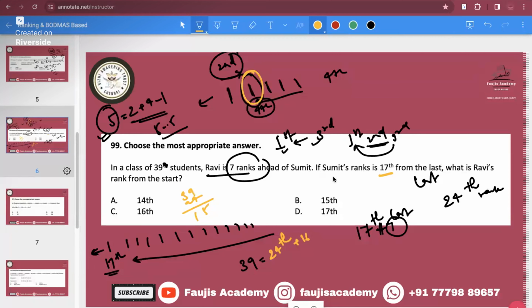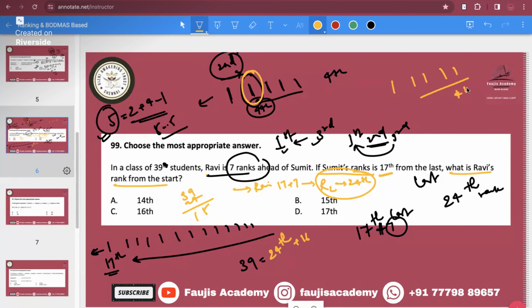What I was talking about was that Sumit's rank is 17th from the last, right? So we have deciphered Ravi's rank from the last. So 17 plus 7 from last, I'm saying. Ravi's rank from last will be 24th. They have asked what is Ravi's rank from the starting. So Ravi's rank from the last, then we went on to derive this over here, assuming 5 chaps.